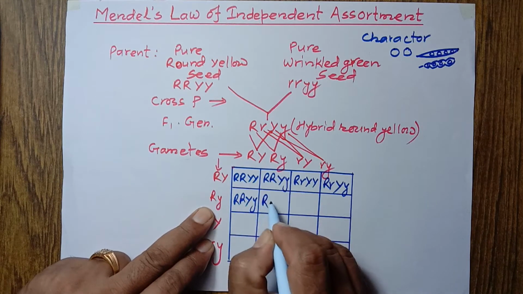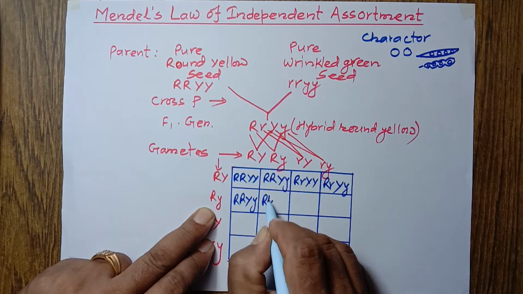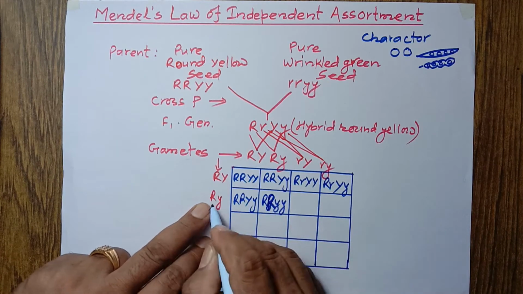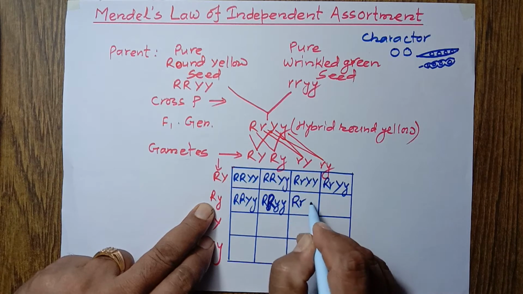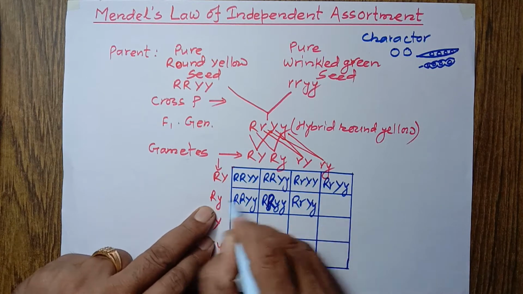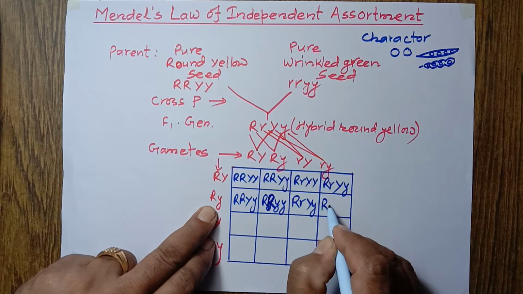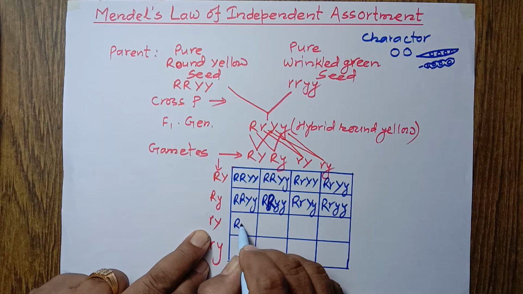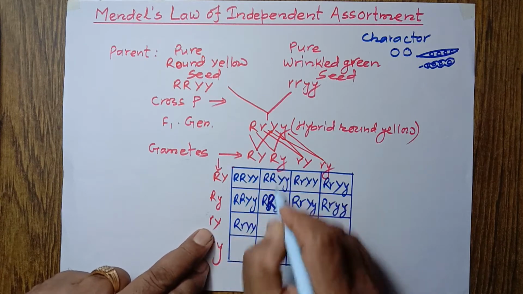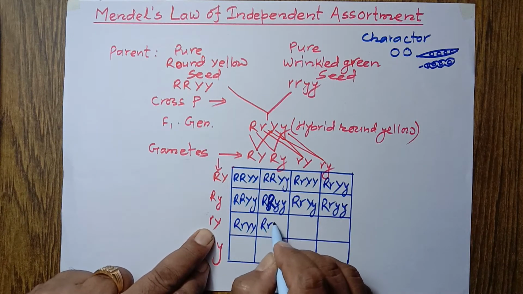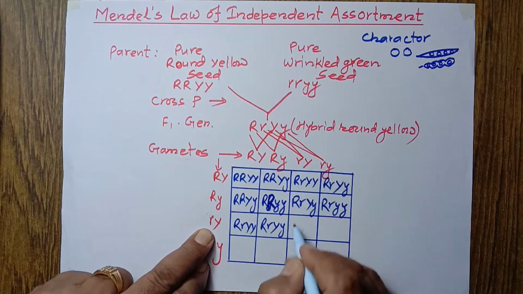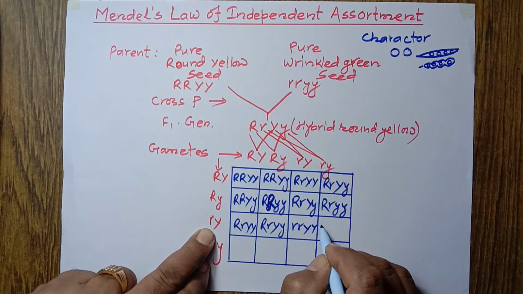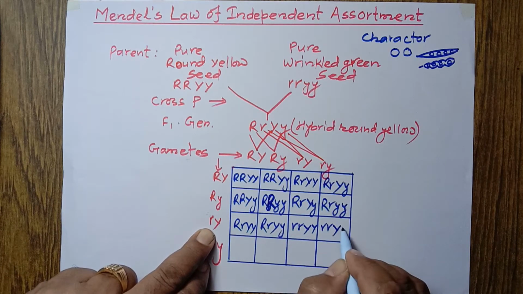And when this combines with this, we get R, small r, capital Y, small y.